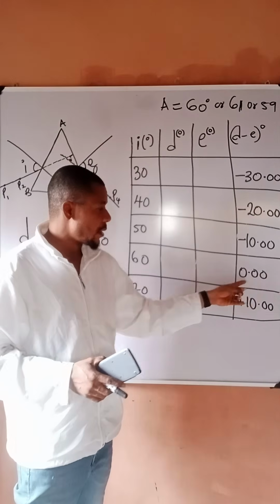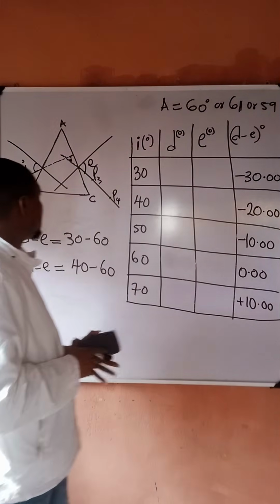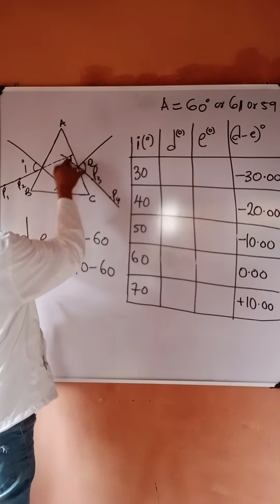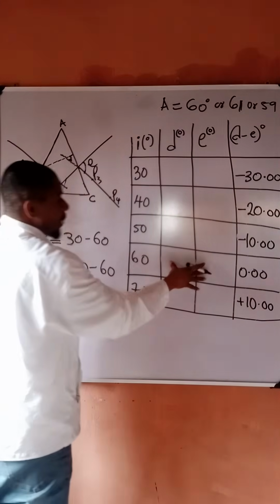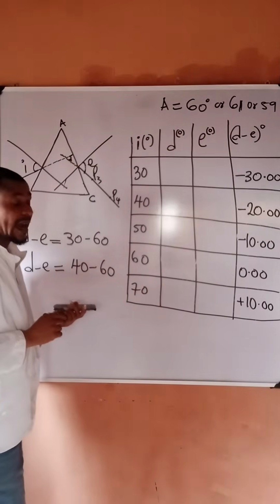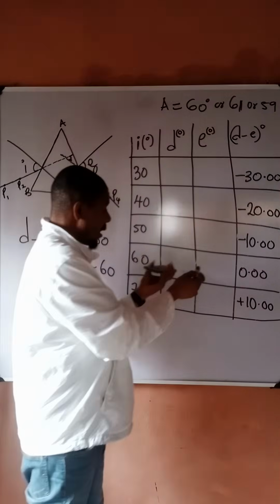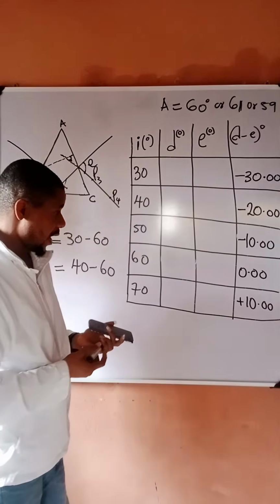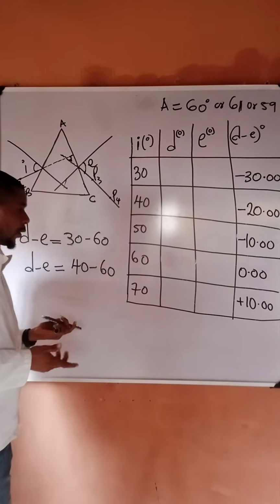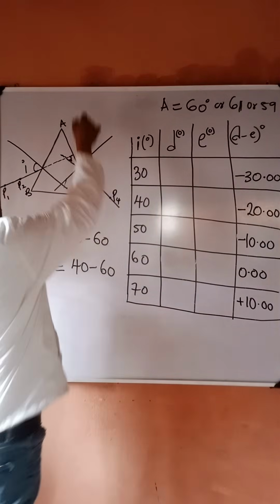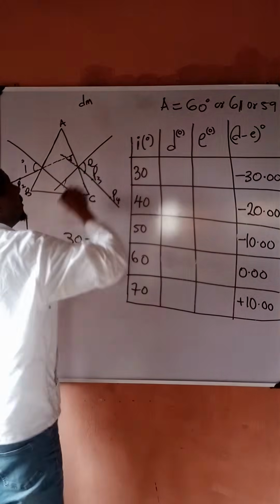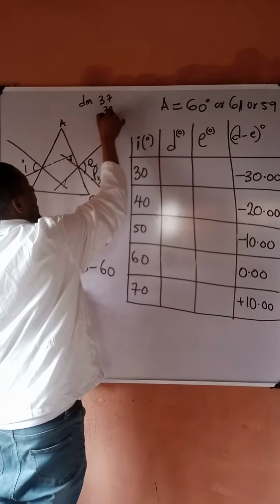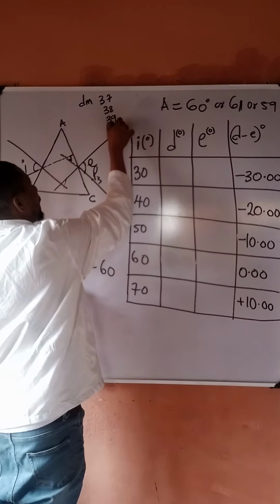This 0.00 simply means that the angle of emergence is going to be equal to my D at this particular point. Or if I like, I can shift it, but I would like you to use this point and do that. Okay? So your D or your DM is expected to be either 37, 38, 39 to 40.